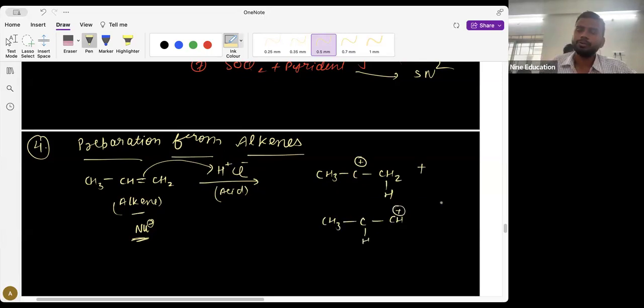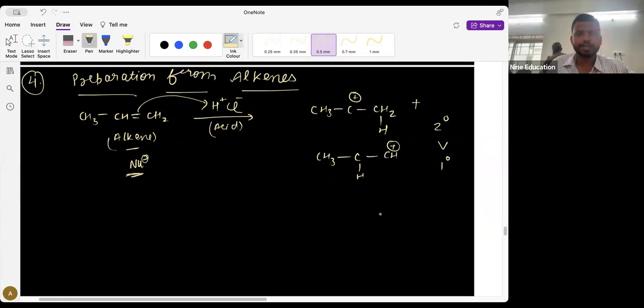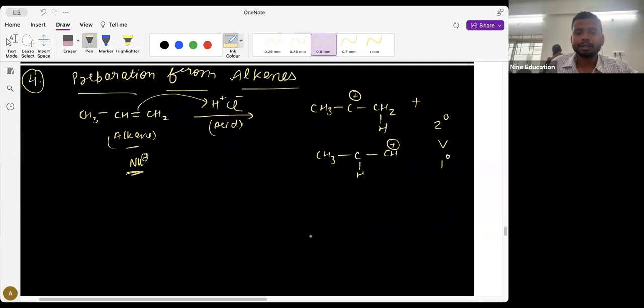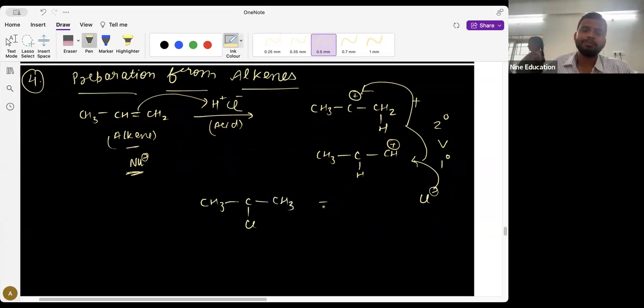Out of these two, the first one will be the more stable carbocation because it is 2 degree, and the second one is the 1 degree carbocation. So you have to see what product comes. Again you have Cl minus, so Cl minus can come here or here. If it is forming the 2 degree carbocation, Cl will come here and CH3 will become this one.